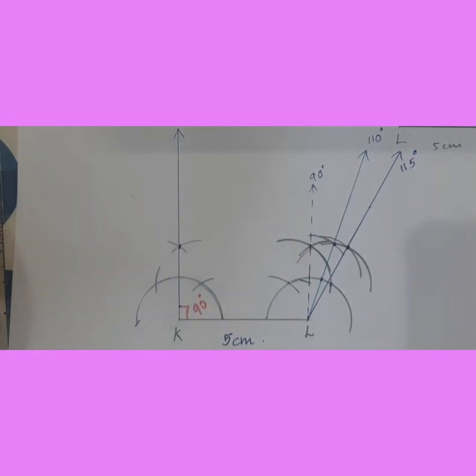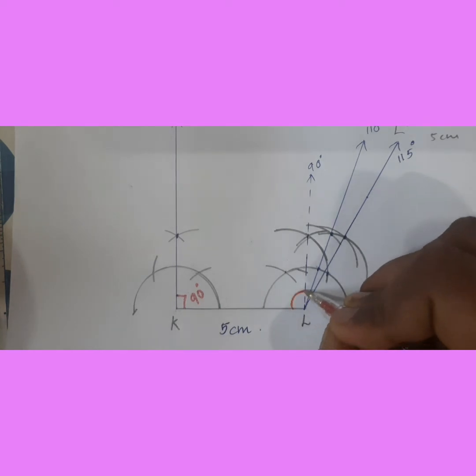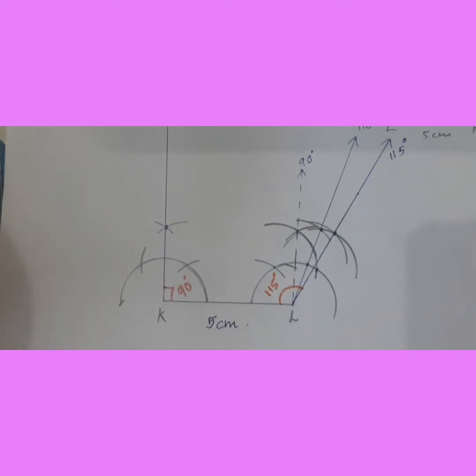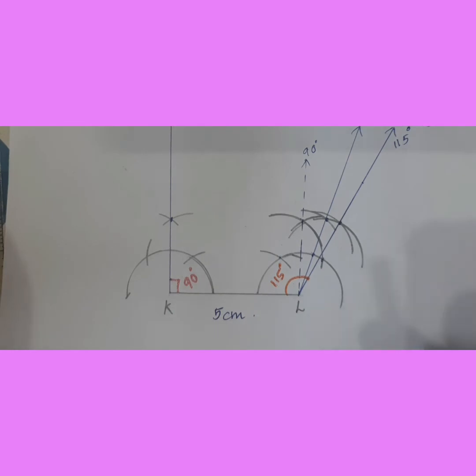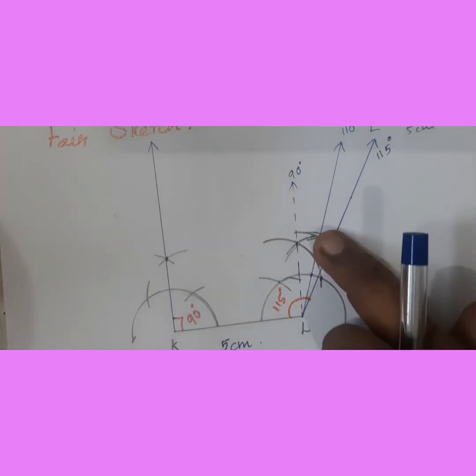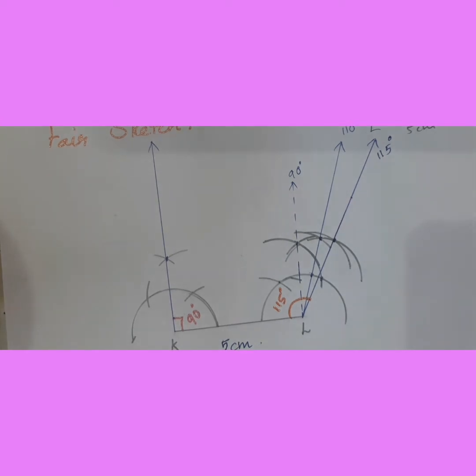So now you mark up to this angle is 115 degree. First you draw 90, then bisector of 90 and 120 is 110, then bisector of 110 and 120, it will give you 115.